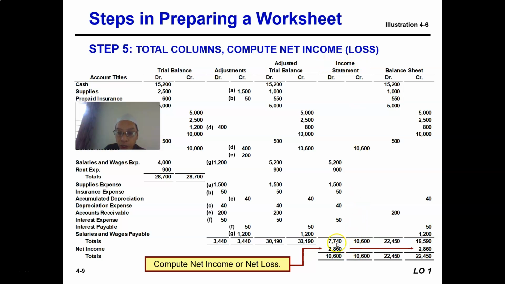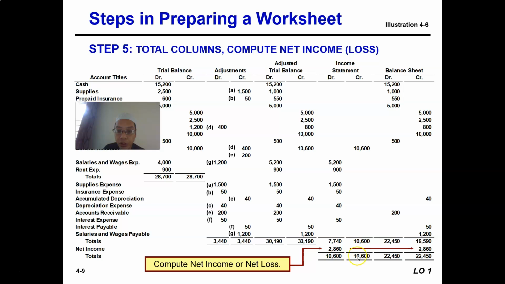Okay, so we have calculated the total of the debit and credit side of the income statement and the total debit and credit side of the balance sheet. If the credit side on the income statement is more than the debit side, that indicates net income.